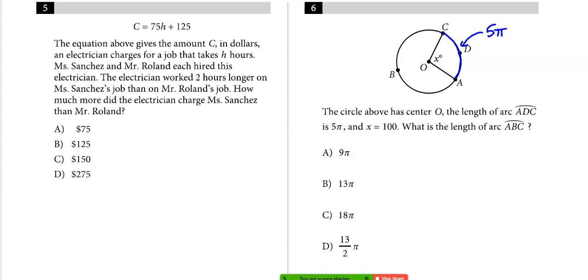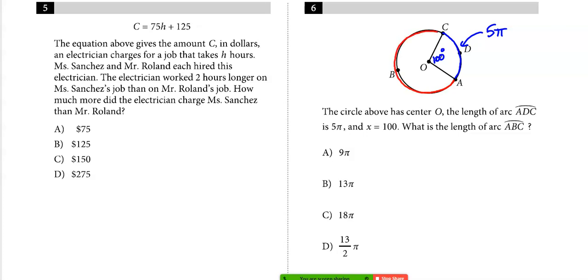So 5 times 3.14. And x is 100. So 100 degrees. You know, the size of that angle is related to the arc size. And it says, so what is the length of arc ABC? So they want me to figure out this other side.